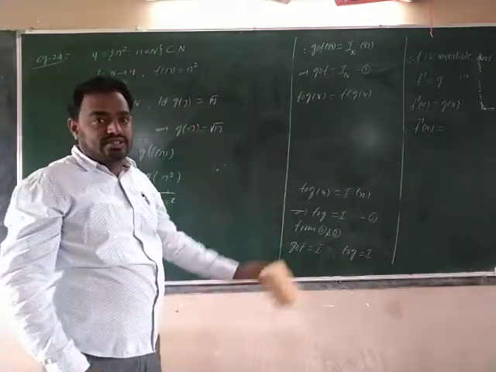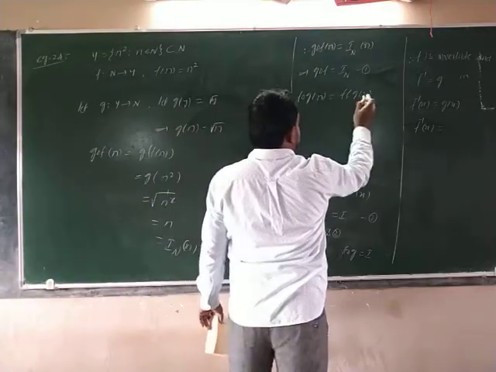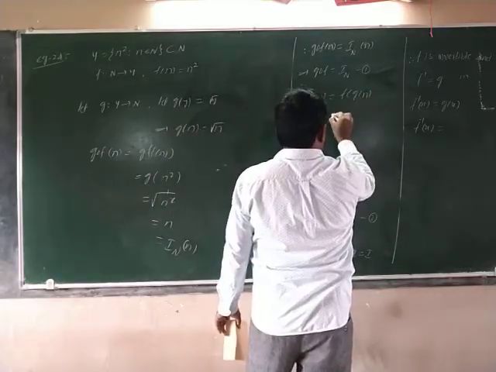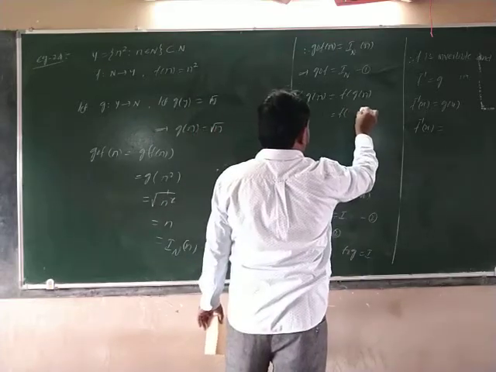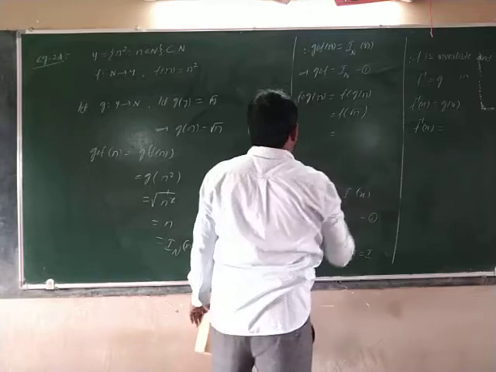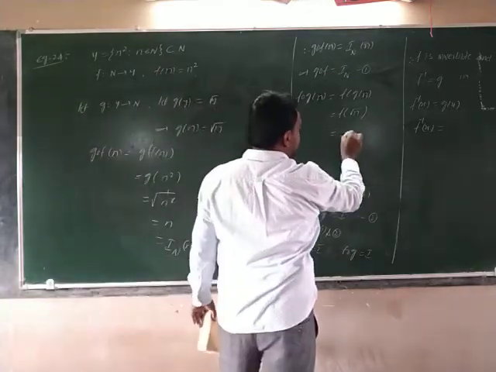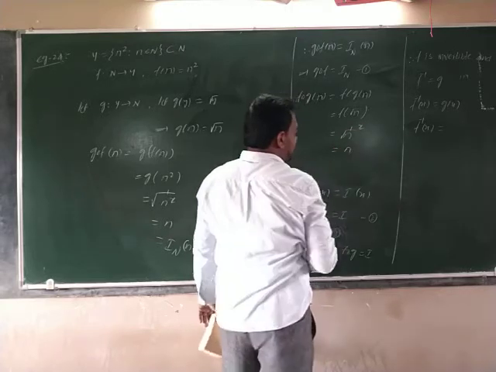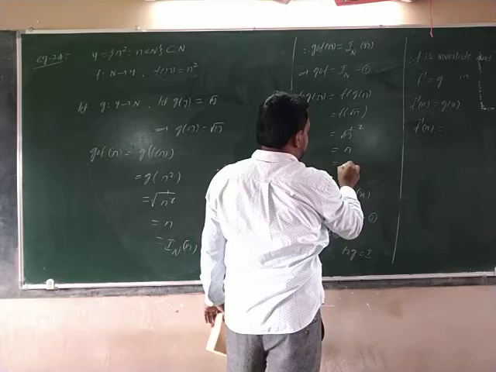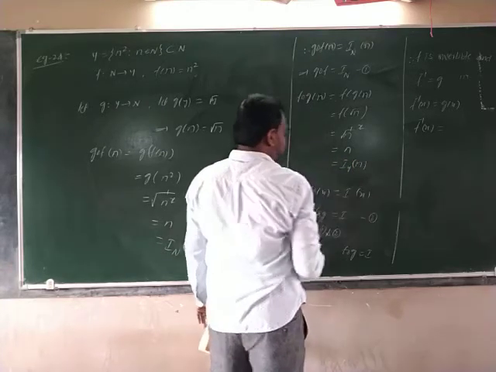Simple, same process. Next, f circle g of n. So f of g of n is equal to f of root n. Now f of n equal to n square, so f of root n equal to root n square. Square root gets cancelled, n is equal to I_Y of n.